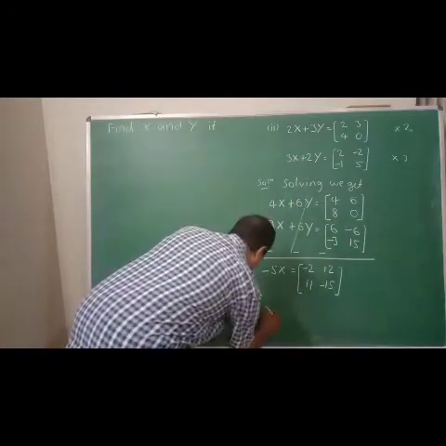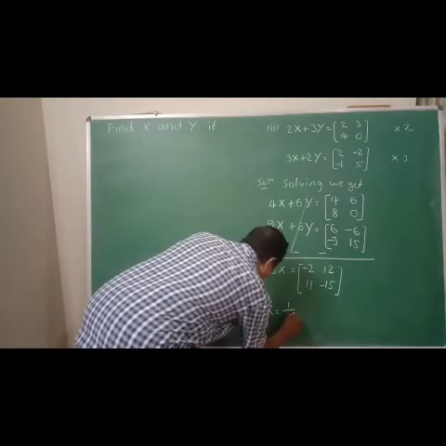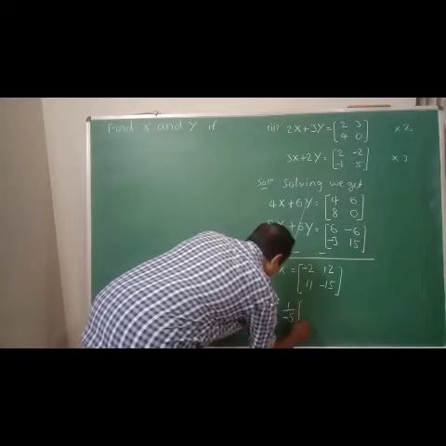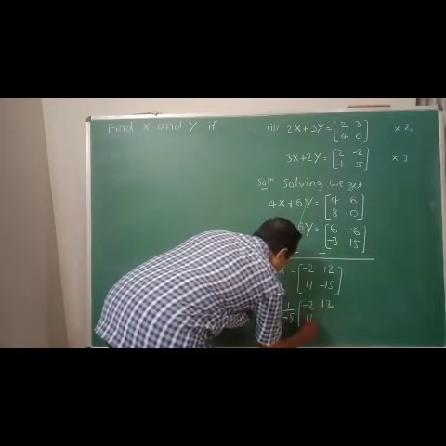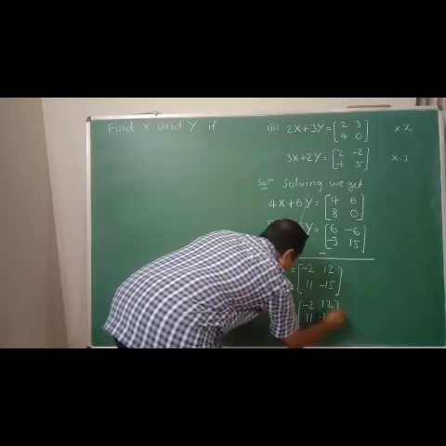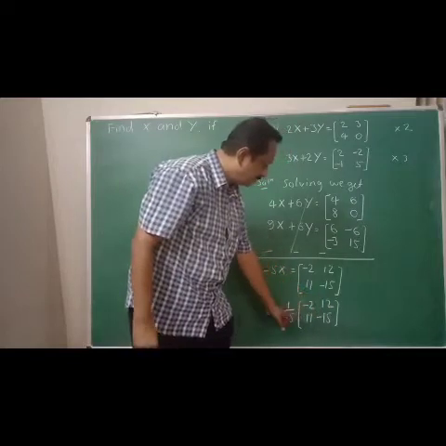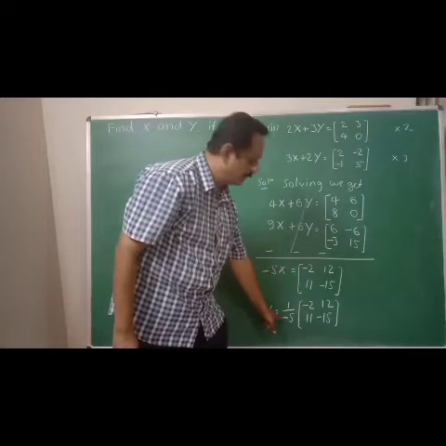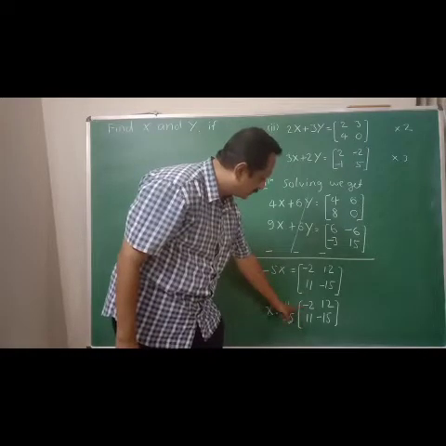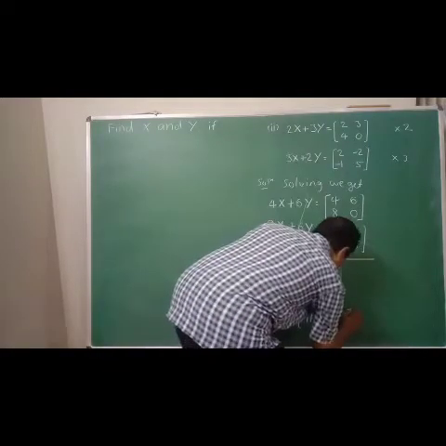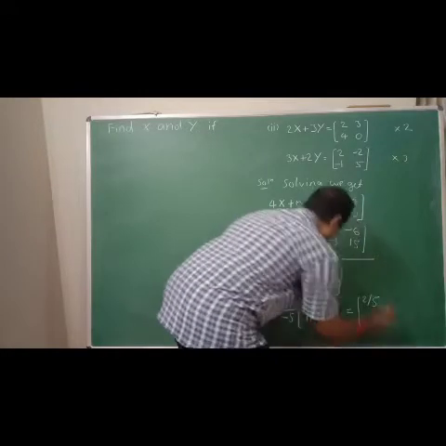Take this minus 5 to the right hand side. Hence x is equal to 1 divided by minus 5 into the matrix minus 2, 12, 11, minus 15. Then multiply each element by this. Minus upon minus becomes plus, so it is 2 upon 5.